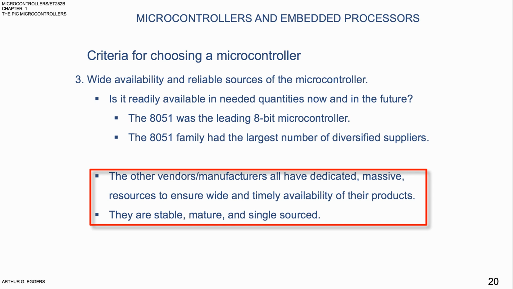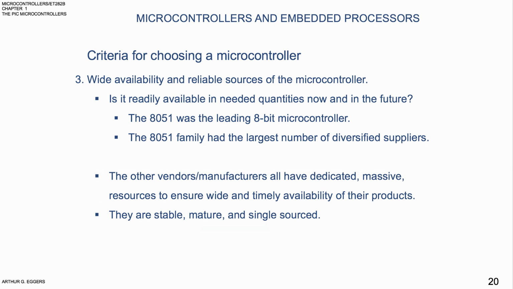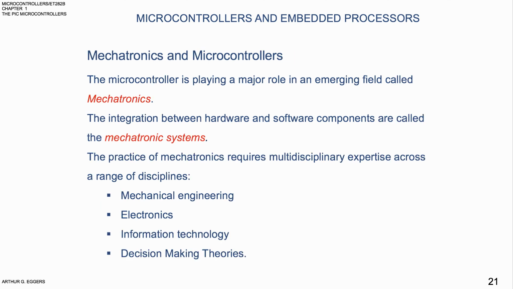And then, are they stable, mature, and single sourced? Can they provide the quality that you're looking for in your product? The worst thing you need is to put a bunch of components in there like a microcontroller and find out that the software wasn't mature, or they don't stand up to heat, or whatever the factors might be. So there are lots of things that you need to look at when choosing a particular microcontroller for your product.